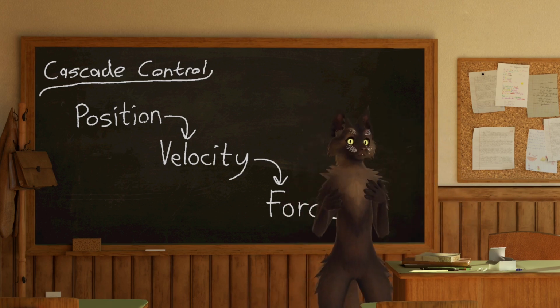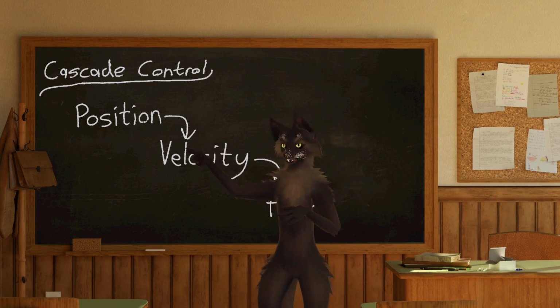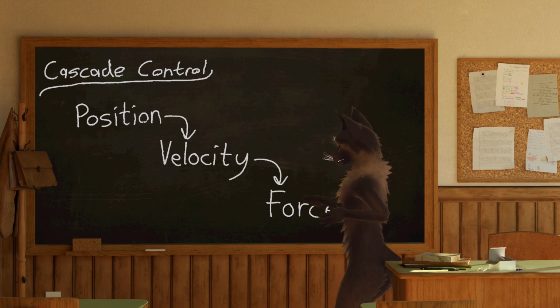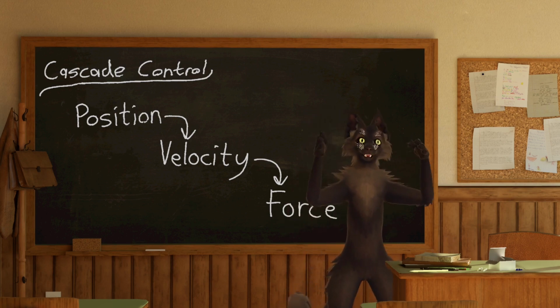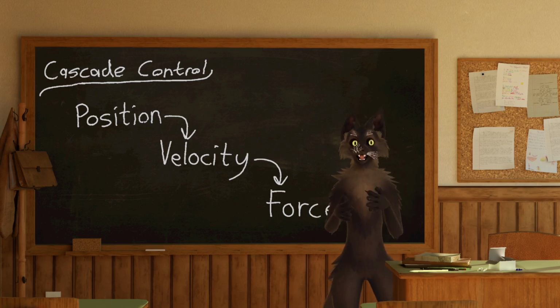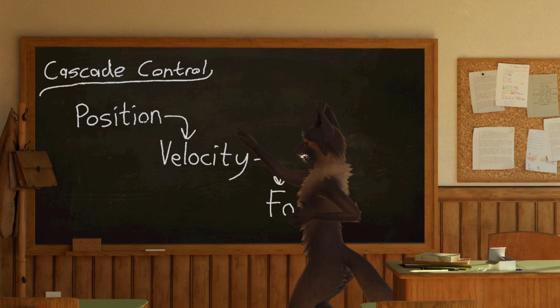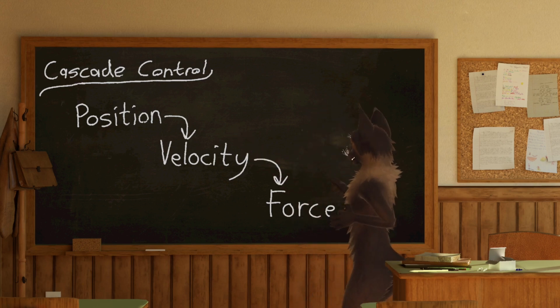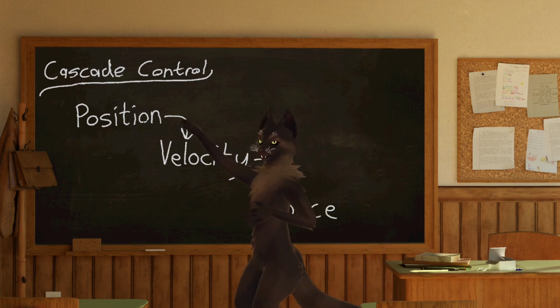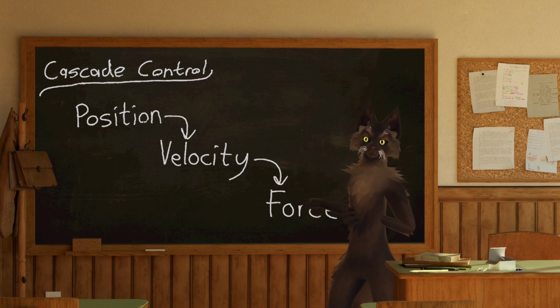So in this way, you can start with a command for the position, and you can also control the velocity and the force, and all 3 of those sensory measurements are going to be combined in a sensible way to control the final result. You can control each of these things individually, but also when you try and control the high-tier controllers, it's going to use the lower-tier controllers as well.